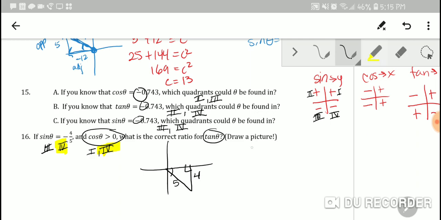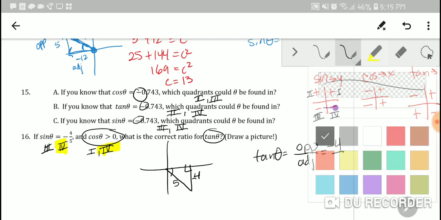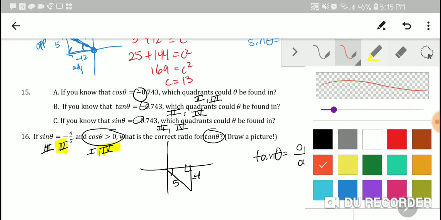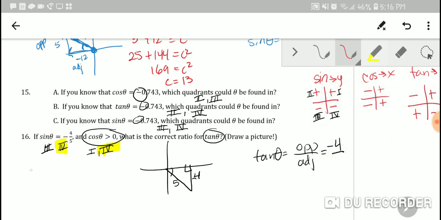We want to write our tangent ratio. We know our tangent ratio is supposed to be opposite over adjacent. We already have our opposite side. We know that is 4, and it should be a -4 since we're going down. That's the y value. We just need our adjacent side. Again, this is a Pythagorean theorem problem, so we're going to do Pythagorean theorem to figure that out.